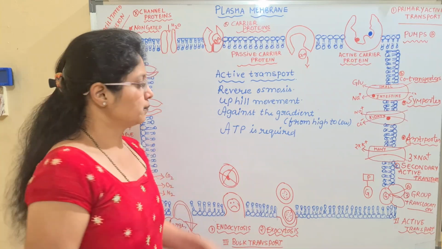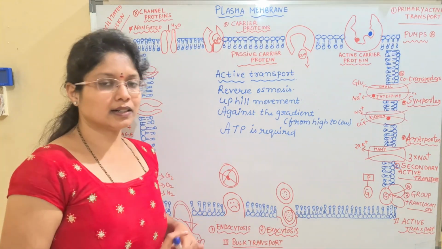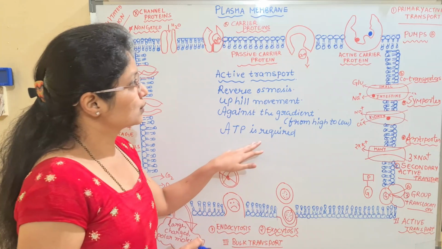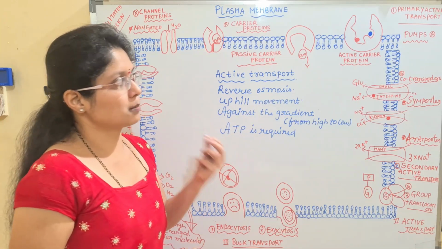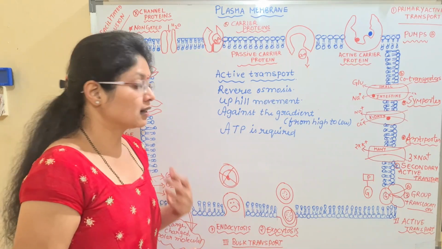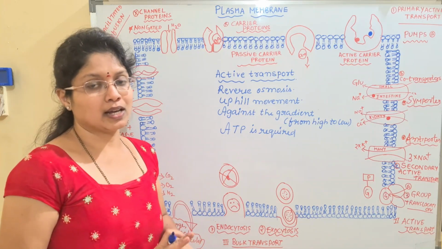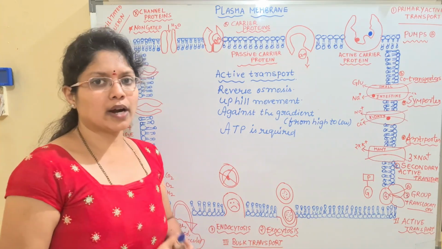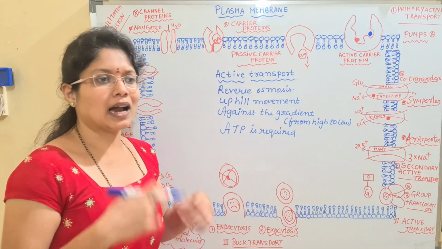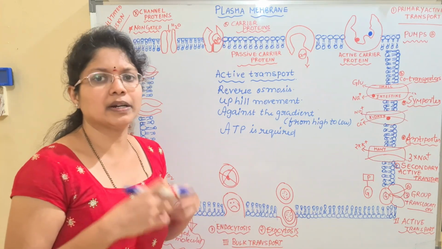Here, in certain cases, we have some transport systems in active transport where the ATP is not directly required. The energy will be required for each and every molecule, and it is supplied to the system differently.